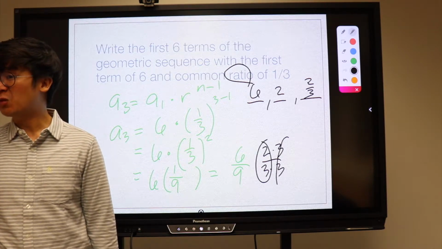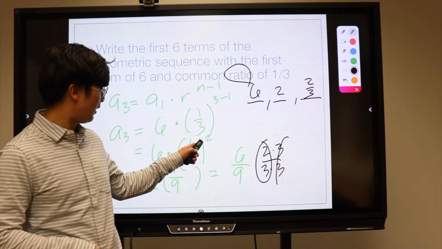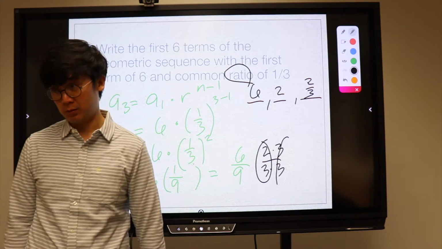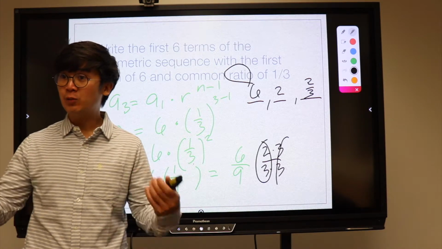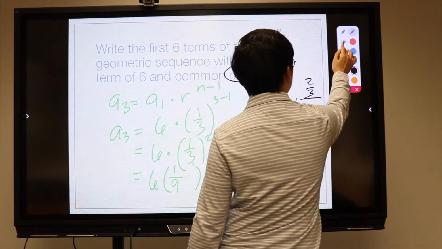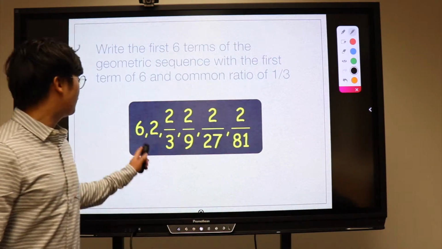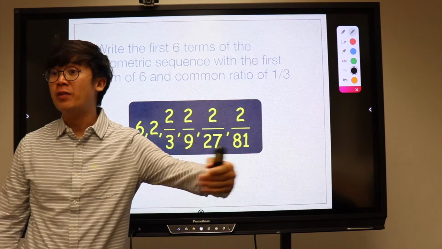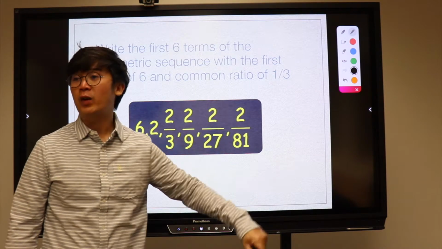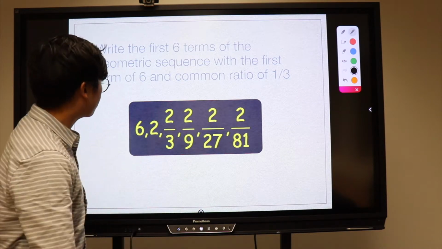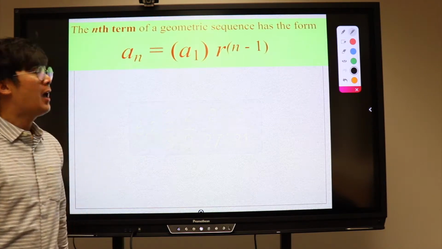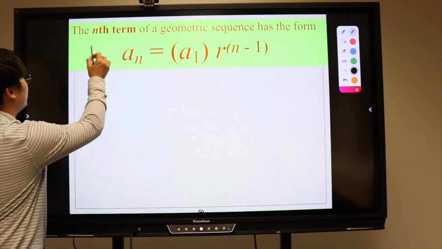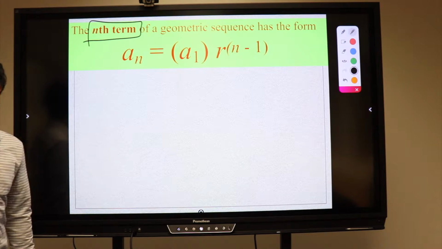Sometimes the fraction is easy to work with, sometimes it can be a little bit problematic, but it's doable. So that's what you need to expect when you're working with a geometric sequence. So we have 6, 2, 2/3, 2 over 9, 2 over 27, and 2 over 81 if we do the math all the way through. That's your homework tonight.